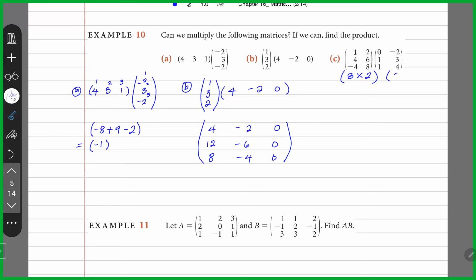C. In C, we have a 3 by 2 matrix, and we're testing if we can multiply it by another 3 by 2 matrix. And the answer here is what? No. For C, the two matrices are not conformable for multiplication.